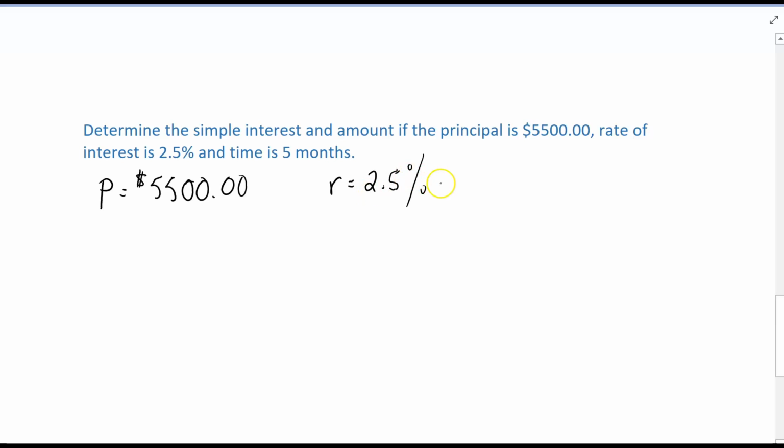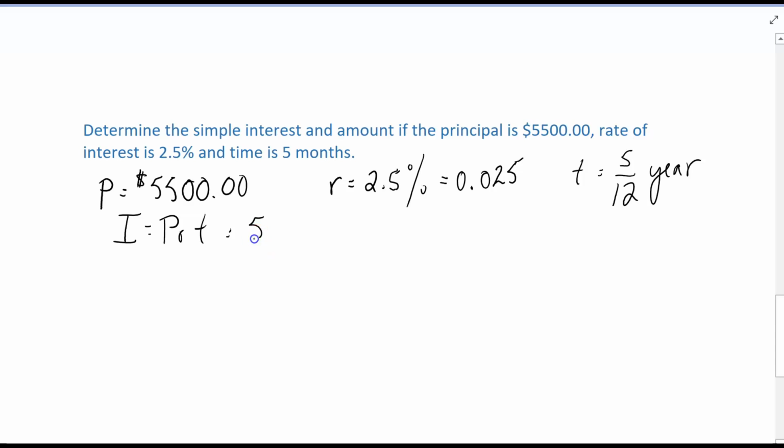Let's divide that by 100 to get it as a decimal: 0.025. And the time is 5 months, not 5 years, which is 5/12 of a year. All right, so the interest is principal times rate times time.